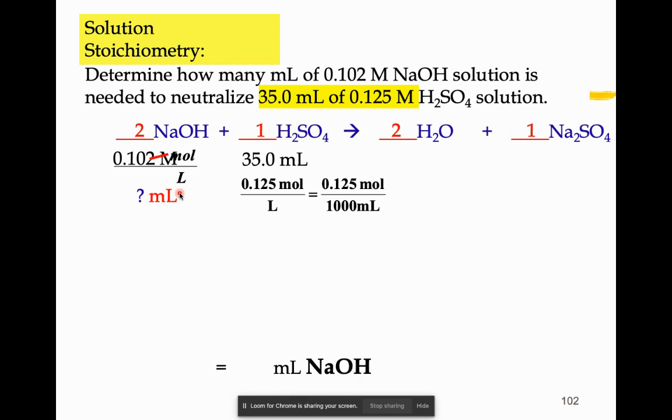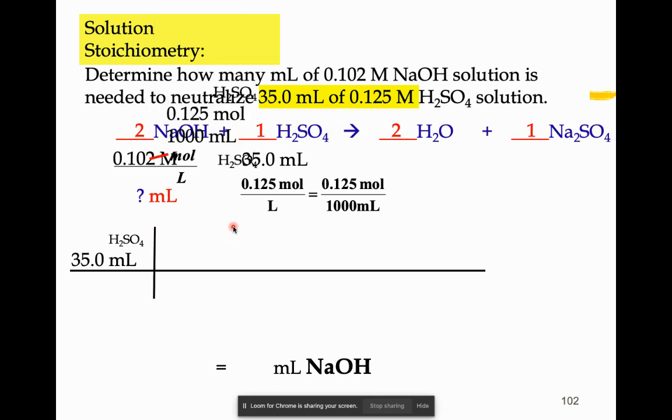In order to get the mL of NaOH, we start with our given. You notice that the pair is here, the volume and the concentration. So we start our equation from there. We multiply the volume of sulfuric acid by its molarity, its concentration.